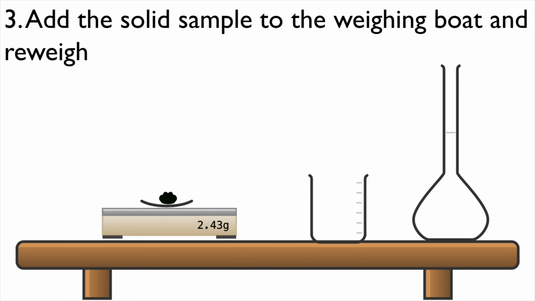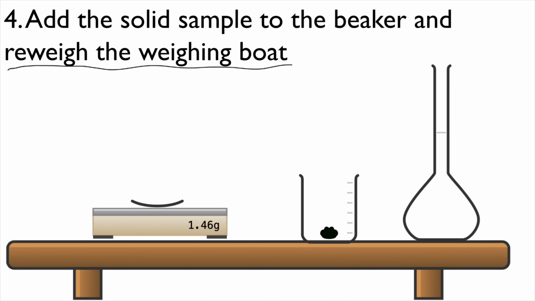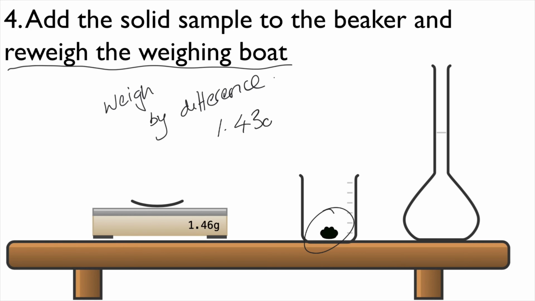Step 4, you're going to add the solid sample to the beaker, and then you're going to reweigh the weighing boat. This is a technique known as weigh by difference, because ultimately we want to know the mass of solid here. In the previous example, the mass of the weighing boat on its own was 1.43 grams.